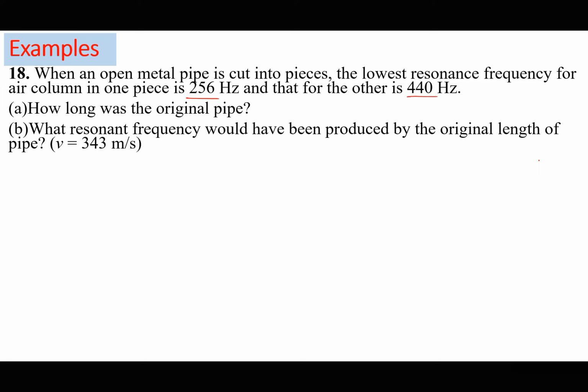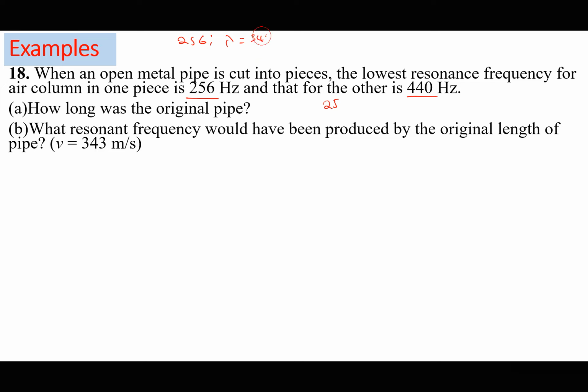Suppose 256 Hz and 440 Hz are the lowest resonances of the enclosed air columns, and if they are consecutive, then we can find the length for the first one. If I use 256 Hertz, the wavelength lambda is equal to the speed V over the frequency.